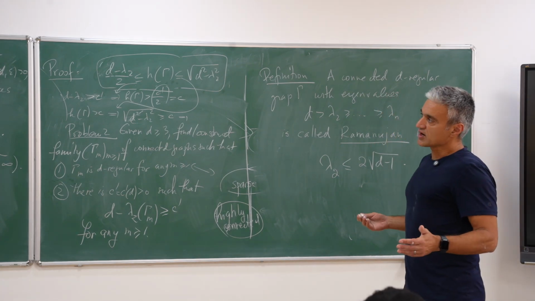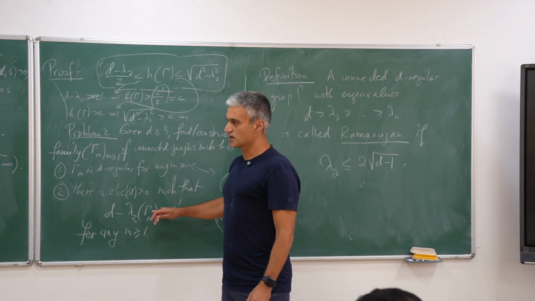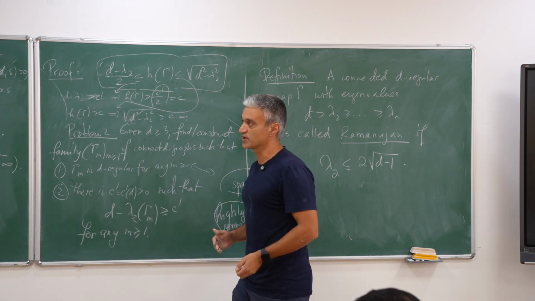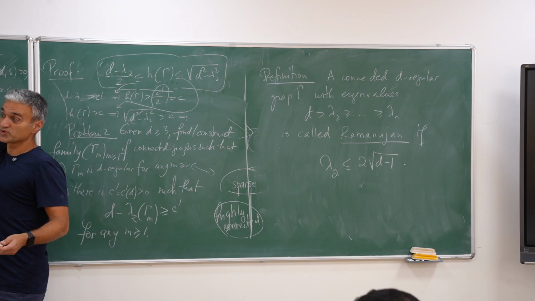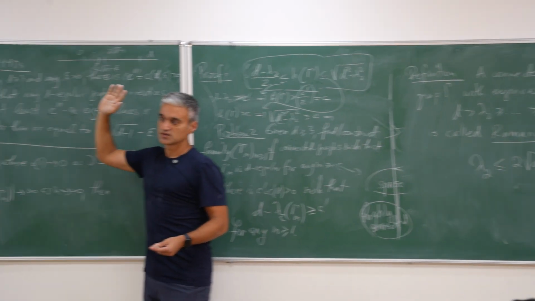So Ramanujan graphs are the graphs in which you can keep lambda 2 in a fence, and the fence is 2 square root of d minus 1, which by this theorem is best possible. You cannot move the fence anywhere to the left, okay?